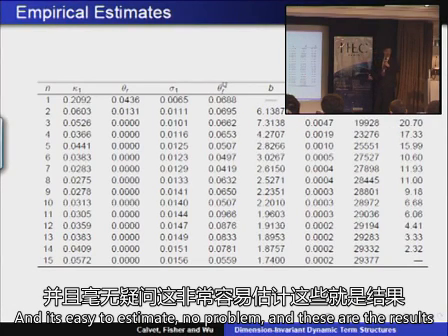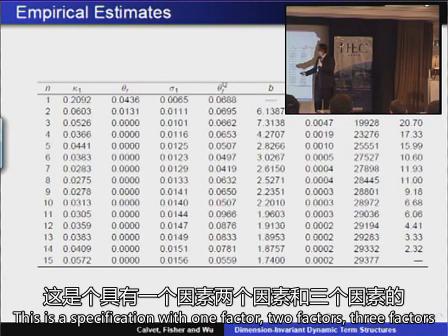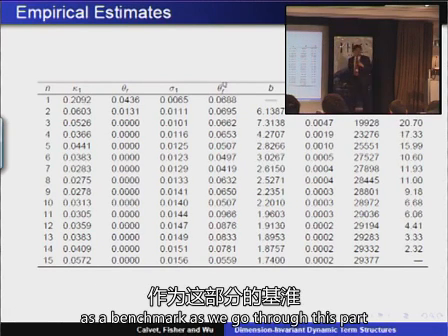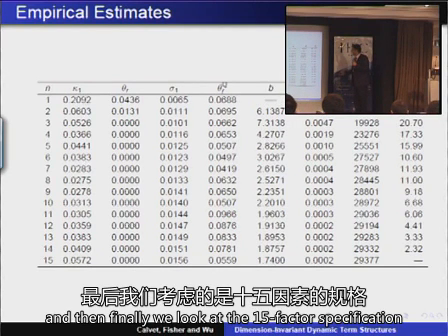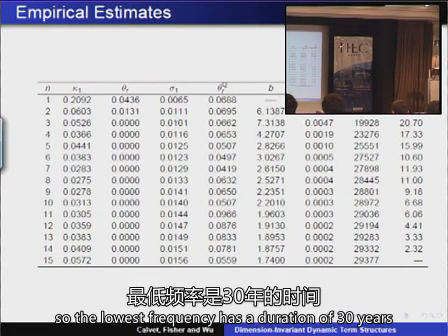And these are the results. Each row corresponds to a specification: 1 factor, 2 factors, 3 factors. We're going to use the 3-factor specification as a benchmark as we go through this talk. And then finally, we look at the 15-factor specification. What you observe is that, this is in years, kappa 1 is about 20 years, so the lowest frequency has a duration of about 20 years.